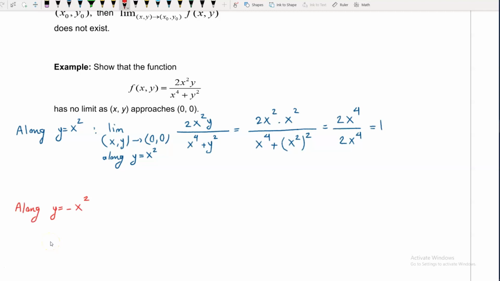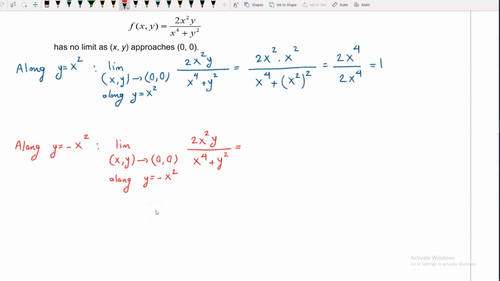Now along the curve y equal to minus x squared, the limit as x, y approaches 0, 0 of our function 2x squared y over x to the fourth power plus y squared is equal to 2x squared times negative x squared over x to the fourth power plus negative x squared to the second power, which is equal to negative 2x to the fourth power over 2x to the fourth power, and this is equal to negative 1.